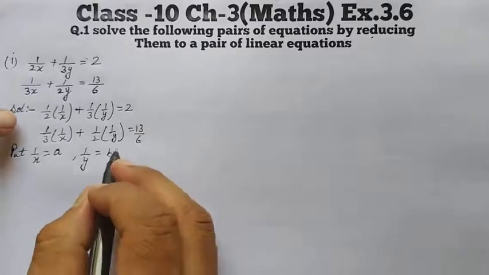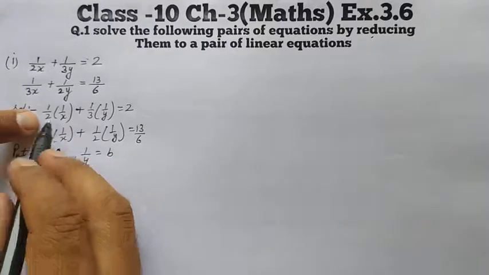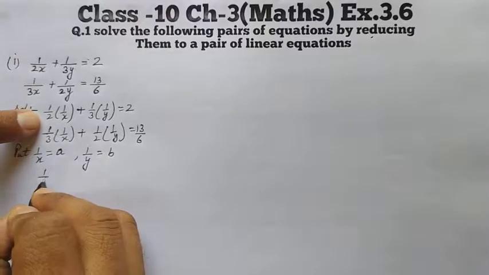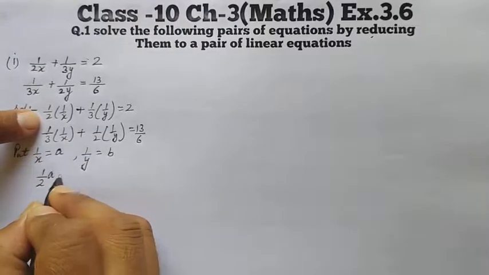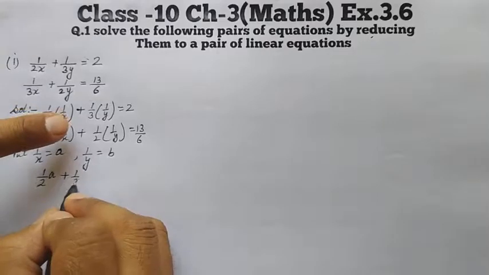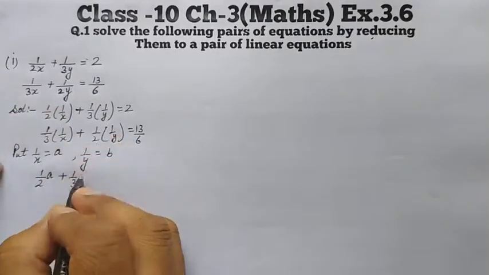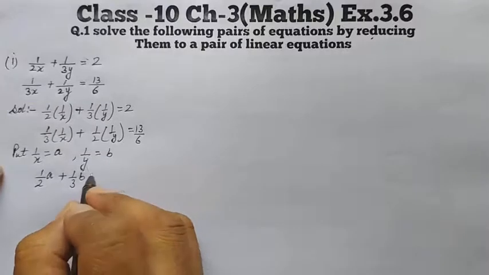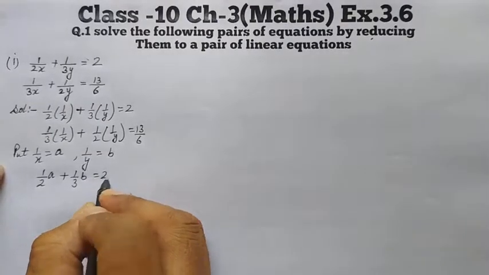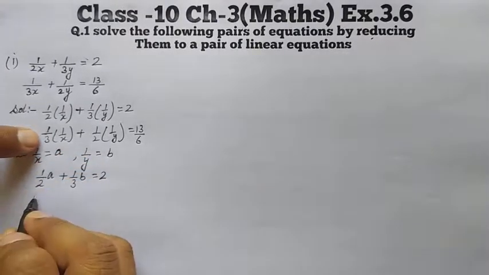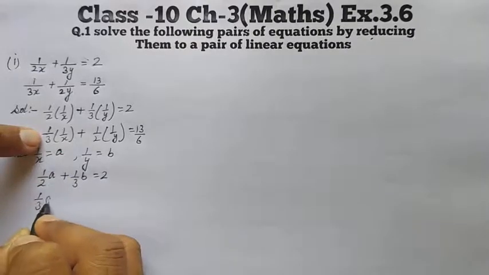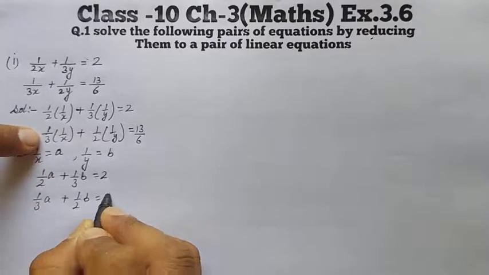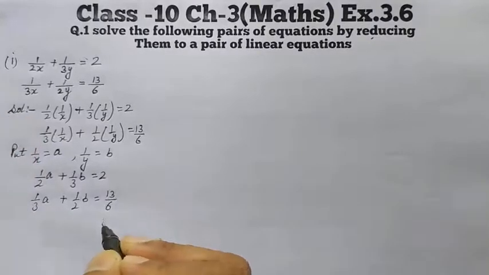Here 1 by 2 into 1 by x becomes 1 by 2a, plus 1 by 3 and 1 by y is b. So 1 by 2a plus 1 by 3b is equal to 2. In the second equation it becomes 1 by 3a plus 1 by 2b is equal to 13 over 6.